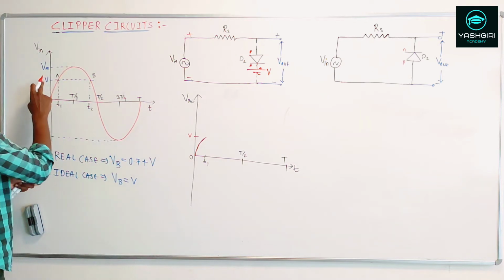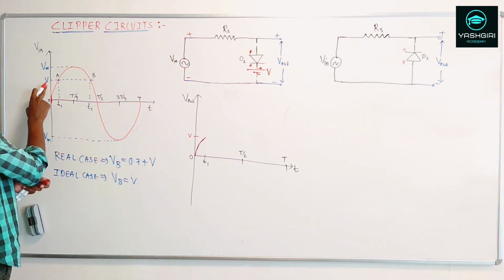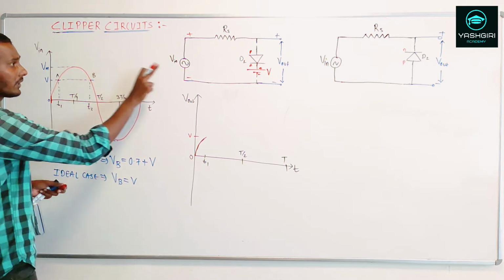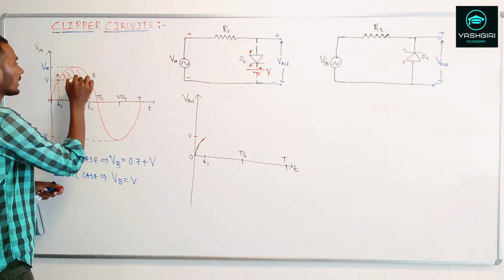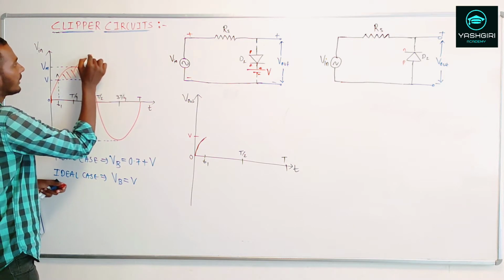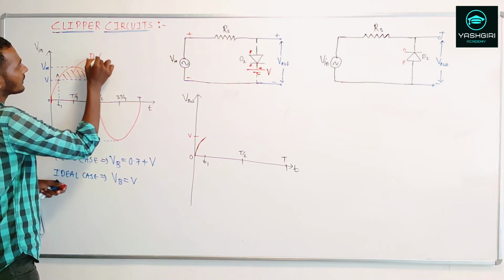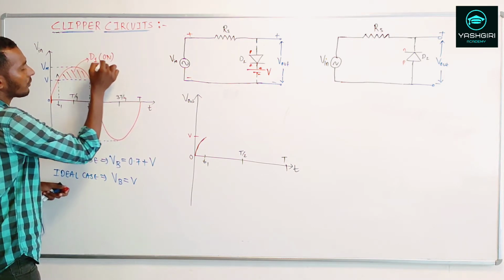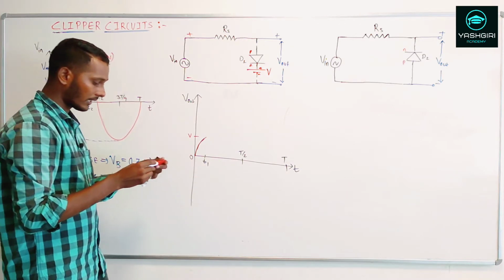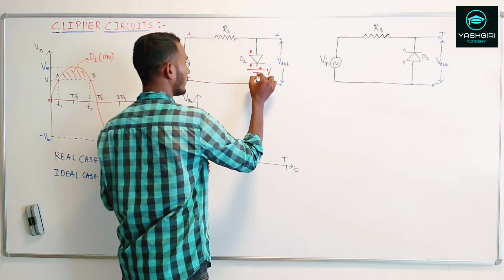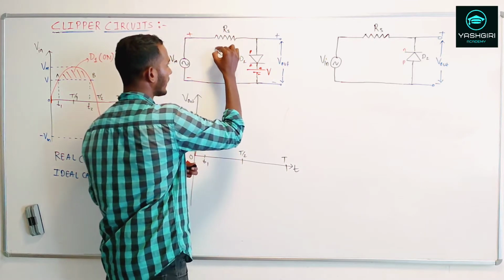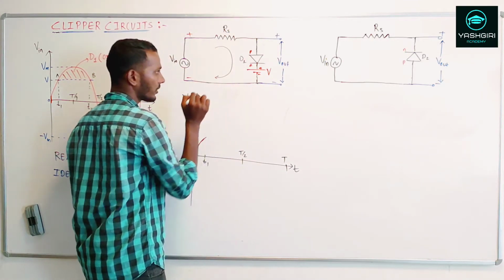Now after V in crosses this V volts, it will overcome the barrier potential, and in this shaded region diode D1 is in the on state, that is, forward biased. That means current will start flowing. It acts as a closed switch, and the current flows in this direction.